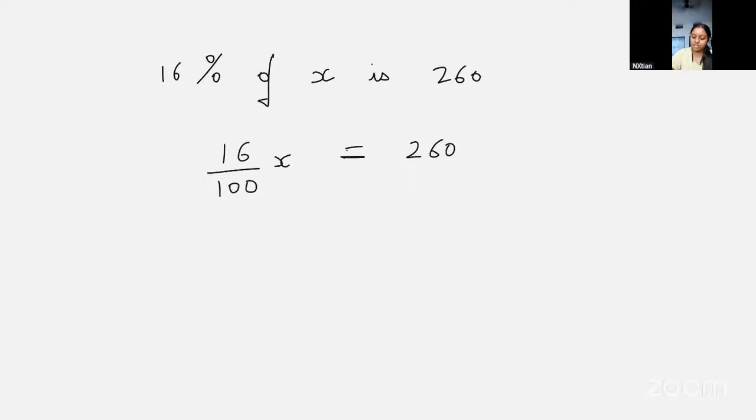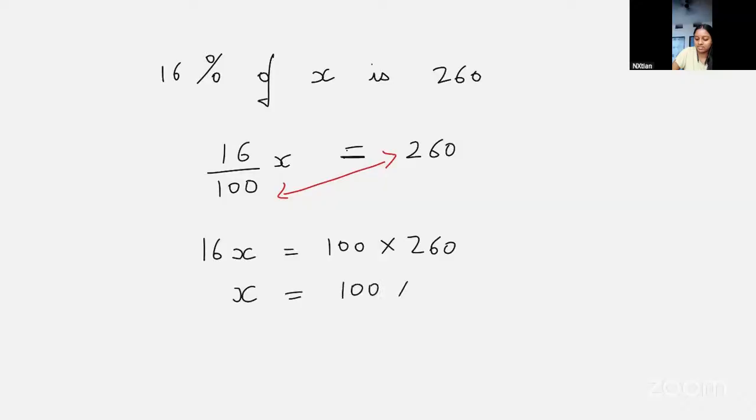Now cross multiply 100 and 260. So what we will get, 16x is equal to 100 into 260. Now x is equal to, sorry, 16 I'll take to the bottom, 100 into 260 divided by 16.